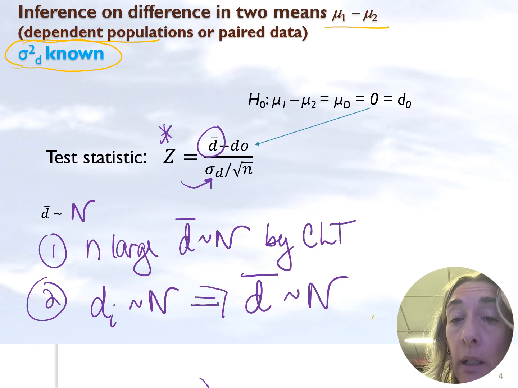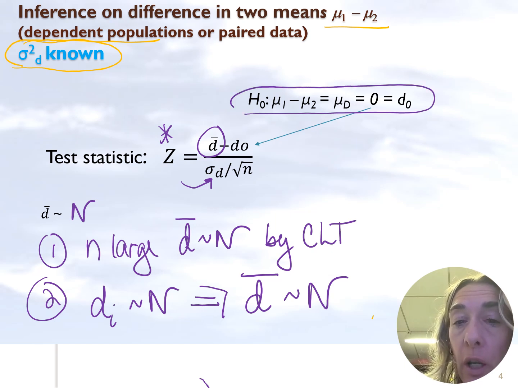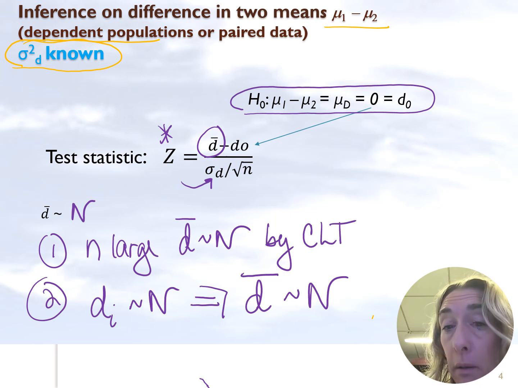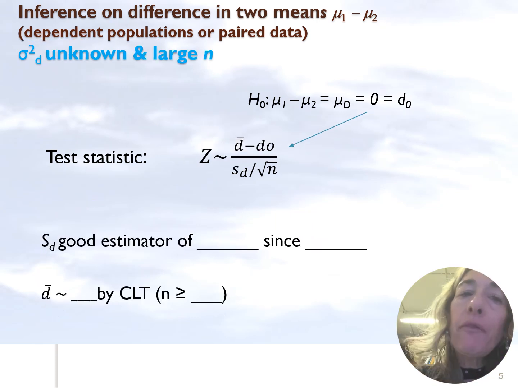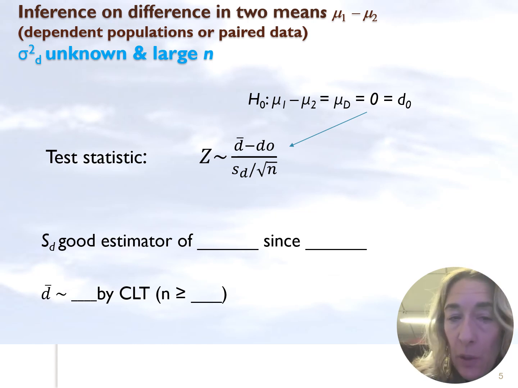But you'll proceed in the same way, proof by contradiction. If you're hypothesizing no difference in the population means, the hypothesized difference is 0. This gets inserted into the numerator of the test statistic to do a proof by contradiction, in which case that term vanishes.